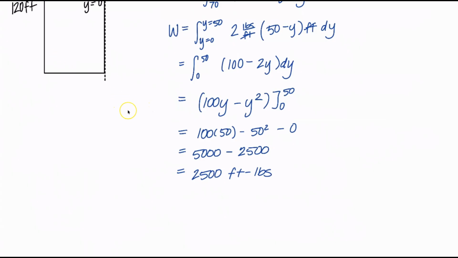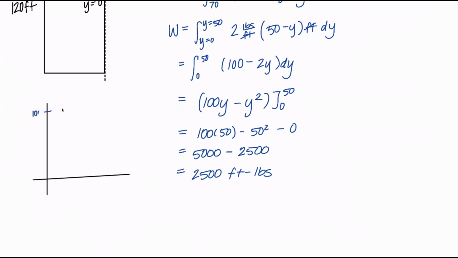So the last thing I want to do here is think about this expression, 100 minus 2y, graphically. 100 minus 2y is a linear function, and so I'm going to graph this force function, just a rough sketch.